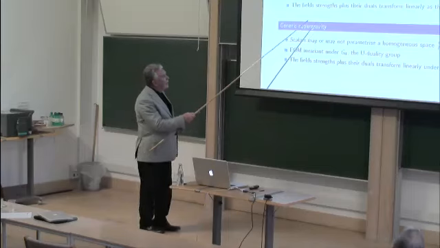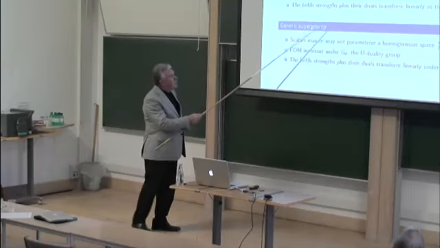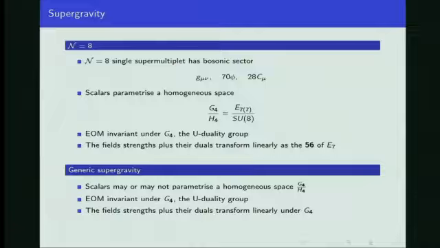And the field strengths and their duals transform, in this case, as a 56 of E7. The field strengths give you the electric charges, their duals give you the magnetic charges. So this unifies the electric and magnetic charges into an irreducible 56. And there's a similar story for other models, but let's focus on this one.